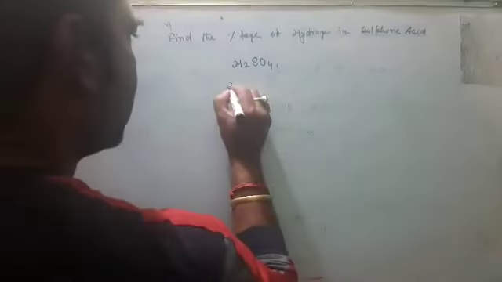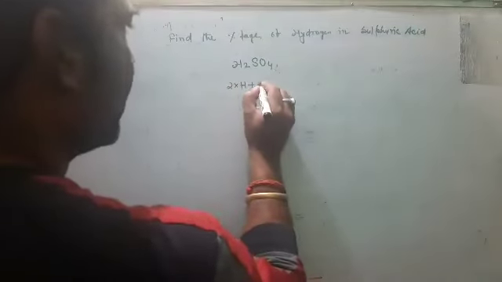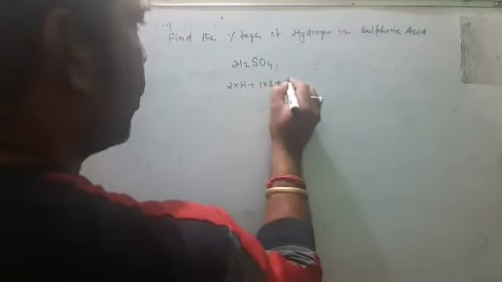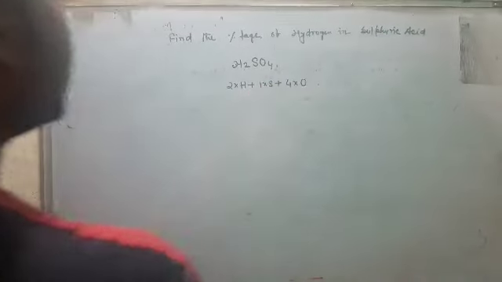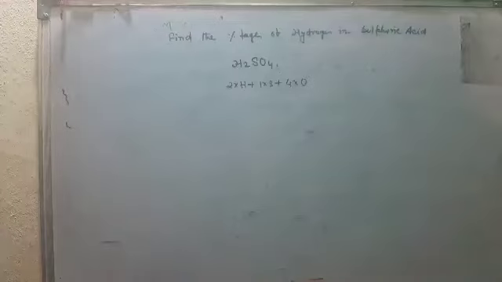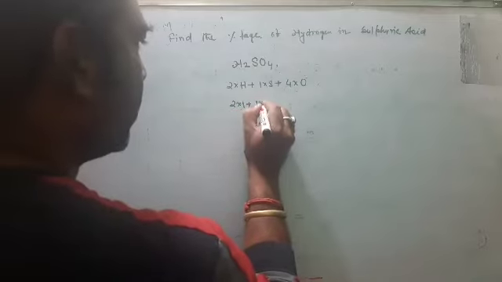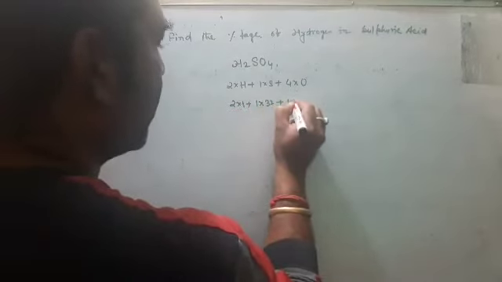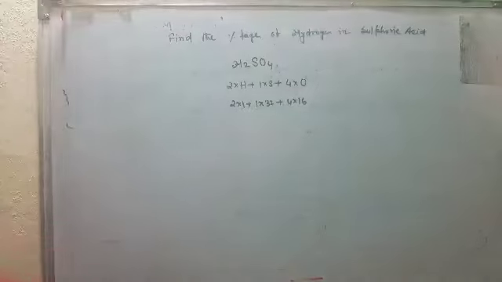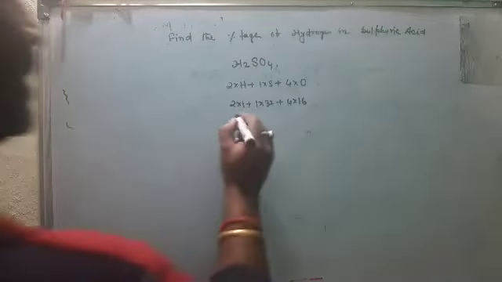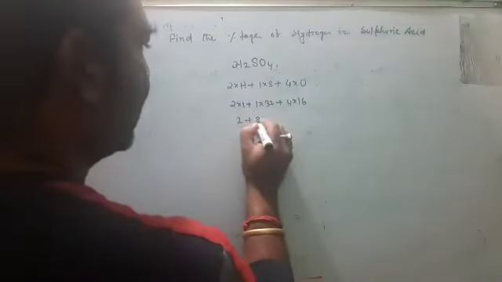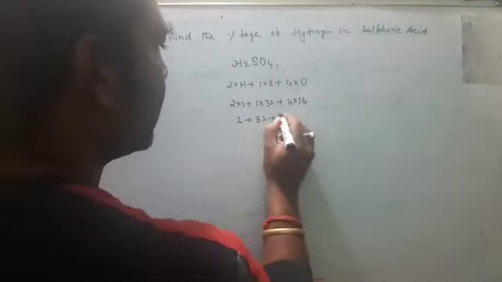2 hydrogen, so 2 into H, 1 sulfur, 1 into sulfur, 4 oxygen, 4 into oxygen. So hydrogen 1, so 2 into 1, sulfur 32, 1 into 32, plus 4 into 16, oxygen 16. So it is 2, 32 and 64.